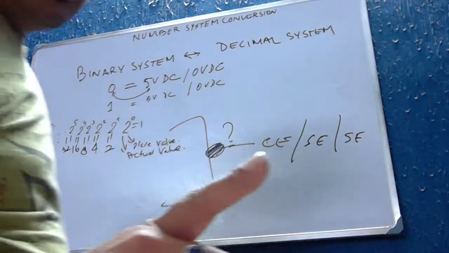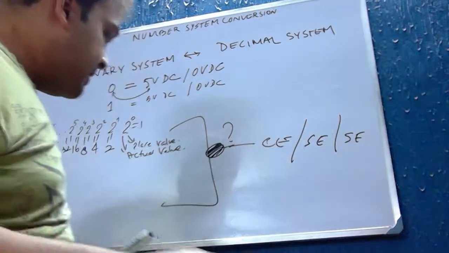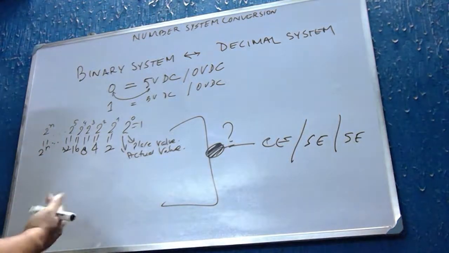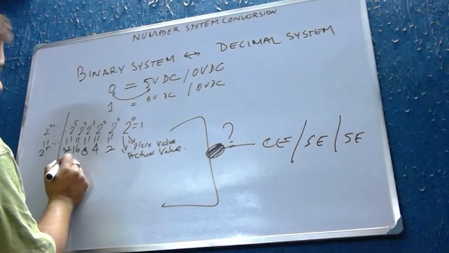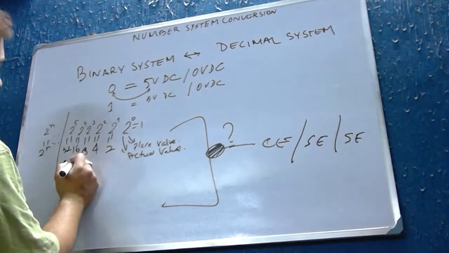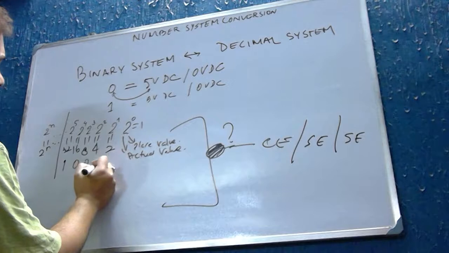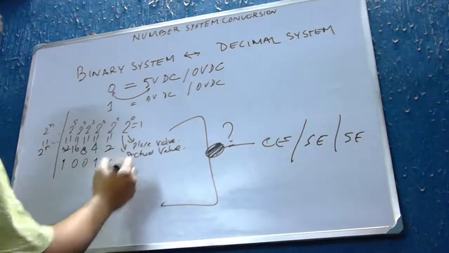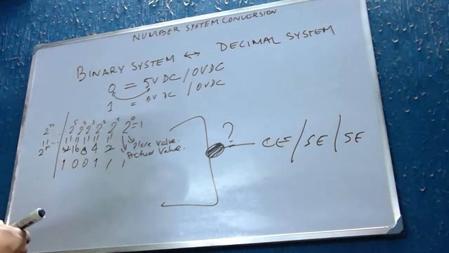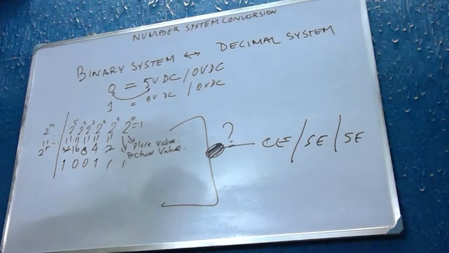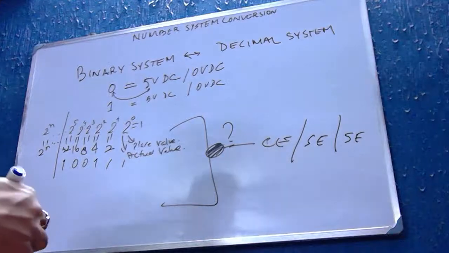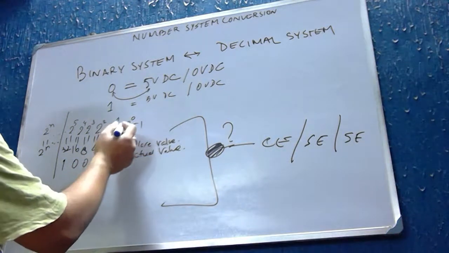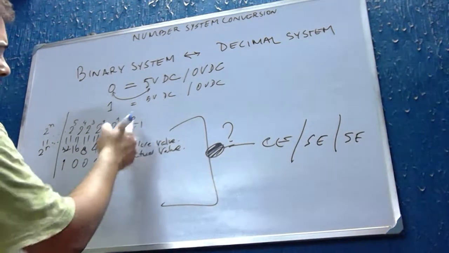So I give you a number, say, I'll only go up to 2 to the power 5, right? I'll say 1, 0, 0, 1, 1 and 1. Here you will see that 2 to the power 0, that is 1, is present over here.